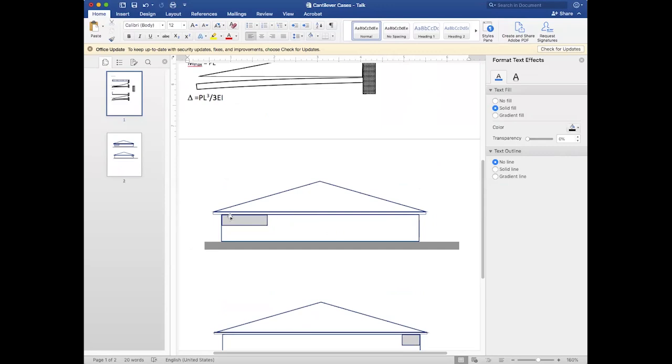So for the LVL that went over the large cantilever, I wanted a backup length equal to the cantilever. And we actually ended up bringing out to the job site LVLs that were 25 feet in length. So that was half of the length of the wall at this point.